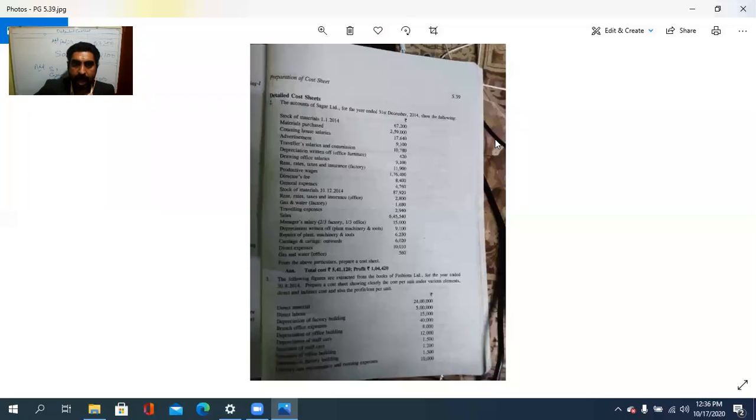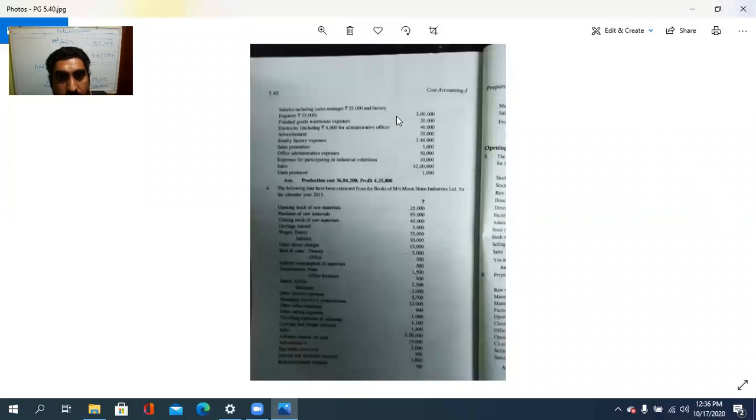So students, I am giving you two assignments that you need to submit next Wednesday. I will share them through WhatsApp. So 5.39 page number, detailed cost sheet, second question, and 5.40 fourth question. So second and fourth, you need to write as an assignment and submit by next Wednesday.